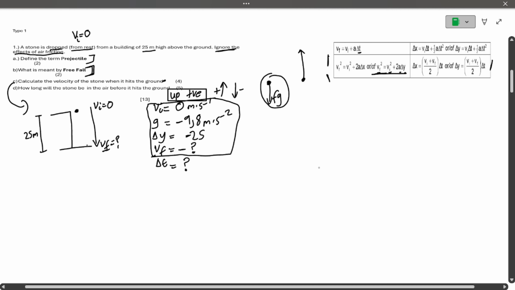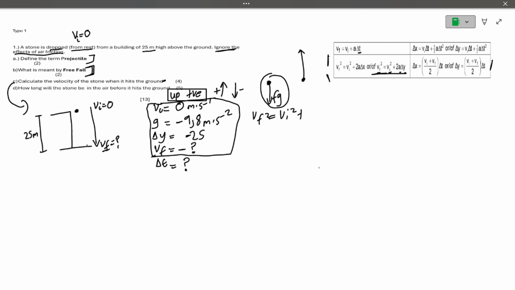So let's write it: v final squared equals v initial squared plus 2a change in y. Let's plug in: 0 squared plus 2 times negative 9.8. When you plug in, do not forget to plug in the sign. It's very important. If you don't plug in the sign, you'll get a wrong answer.